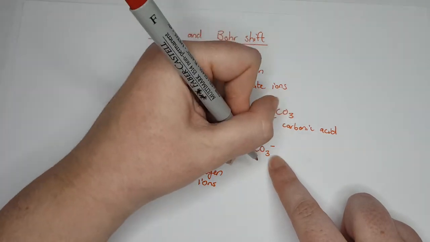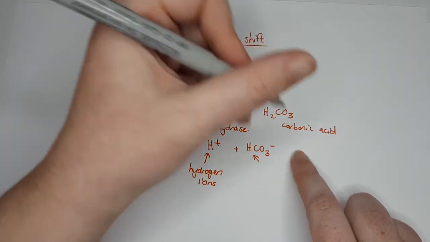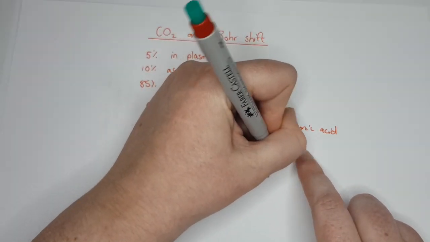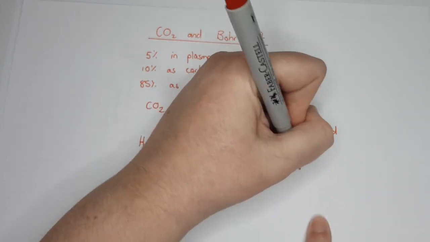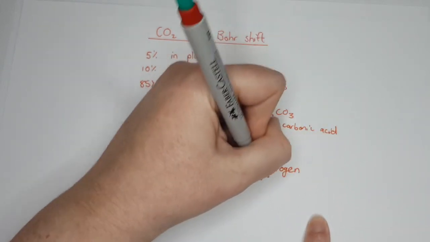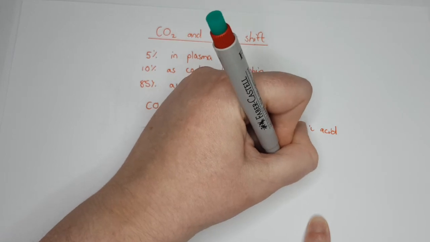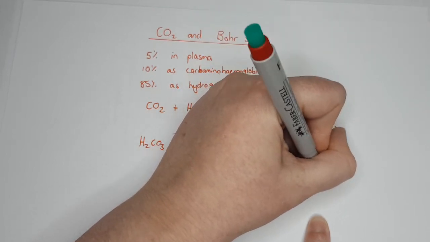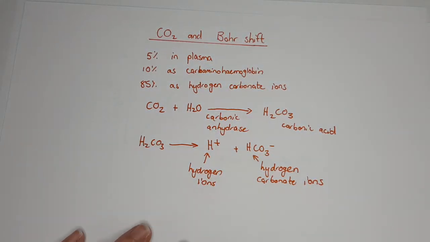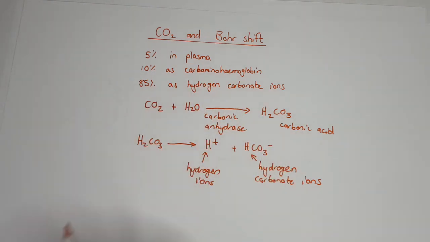And HCO3 minus are my hydrogen carbonate ions. Another word for that is bicarbonate ions. So this is where majority of the carbon dioxide is carried back to the lungs.